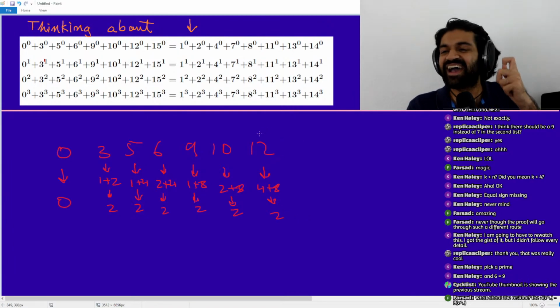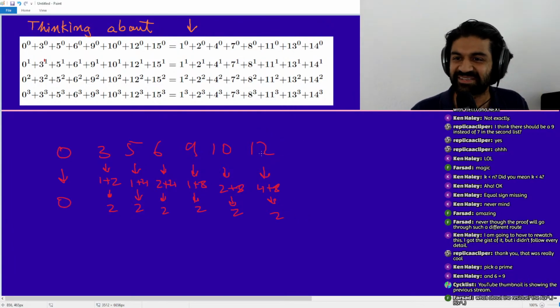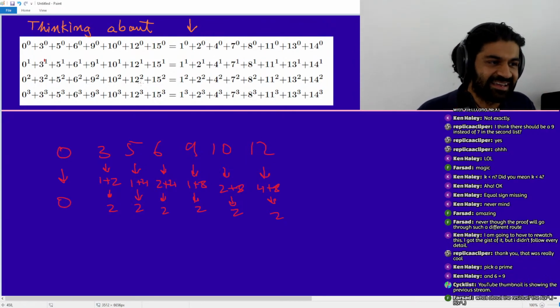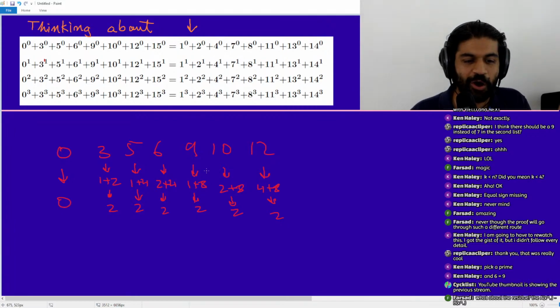Right? So another way of thinking about the sequence that we've been constructing recursively is just on one side all the numbers that have an even number of ones appearing in their binary expansion, and on the other side all the numbers that have an odd number of ones appearing in their binary expansion.